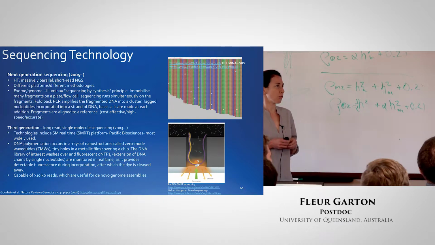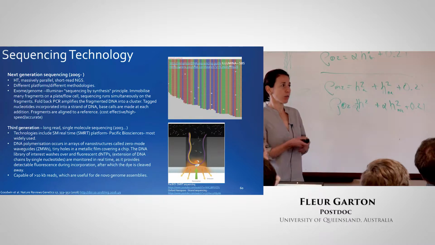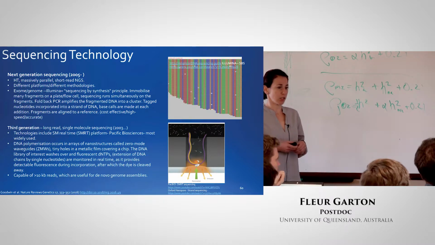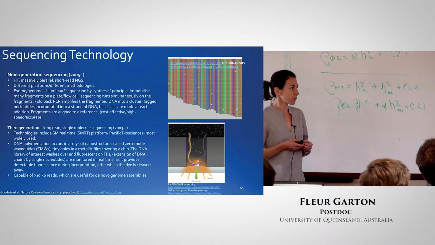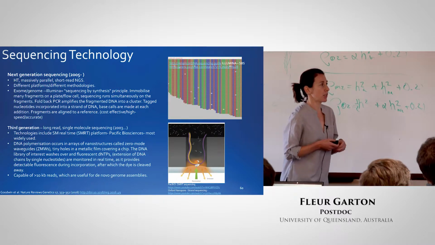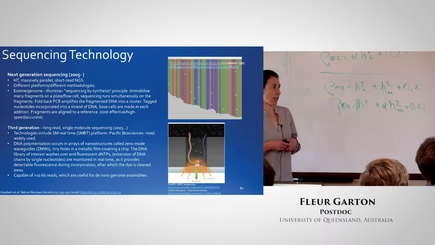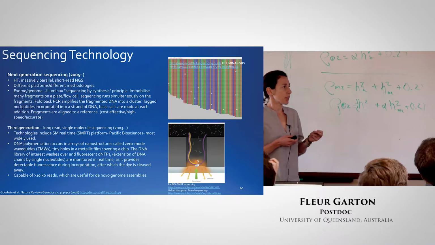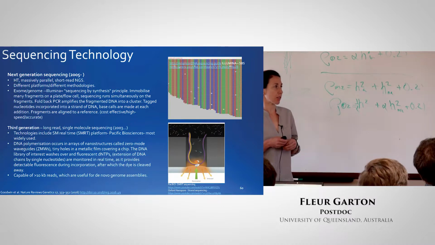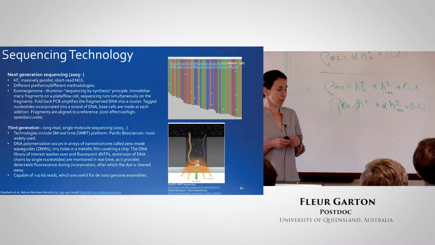They use something called a fold-back PCR, and I put in a link there that actually explains how this works. But basically, this amplifies the fragmented DNA into a cluster, and tagged nucleotides are incorporated into the strand of the DNA, and the base calls are made at each addition.